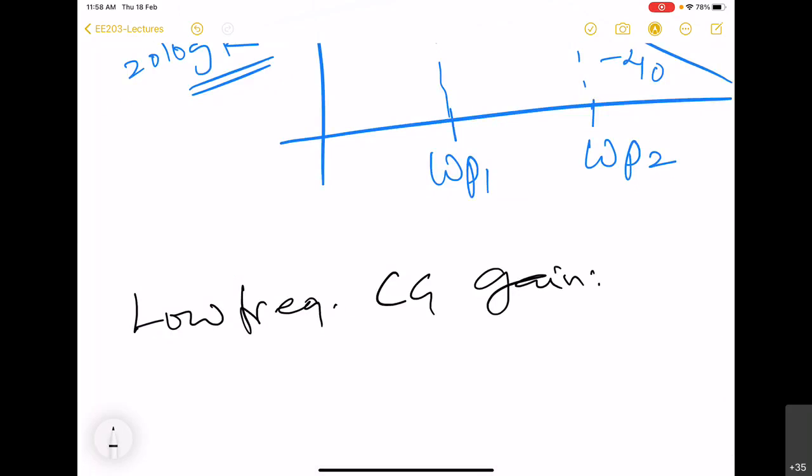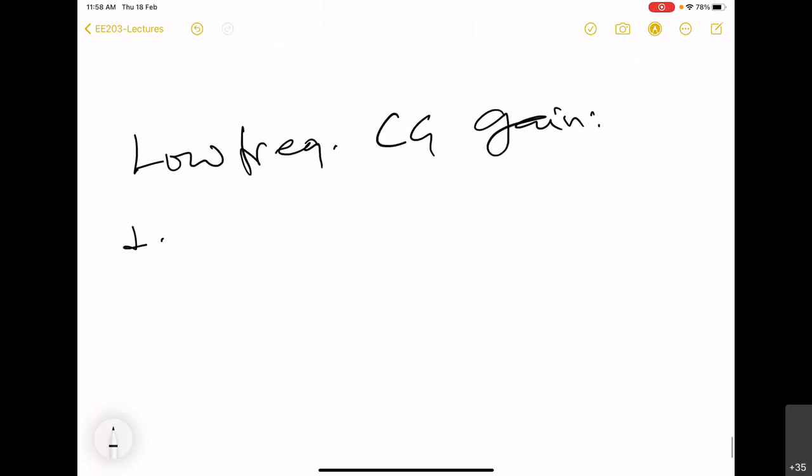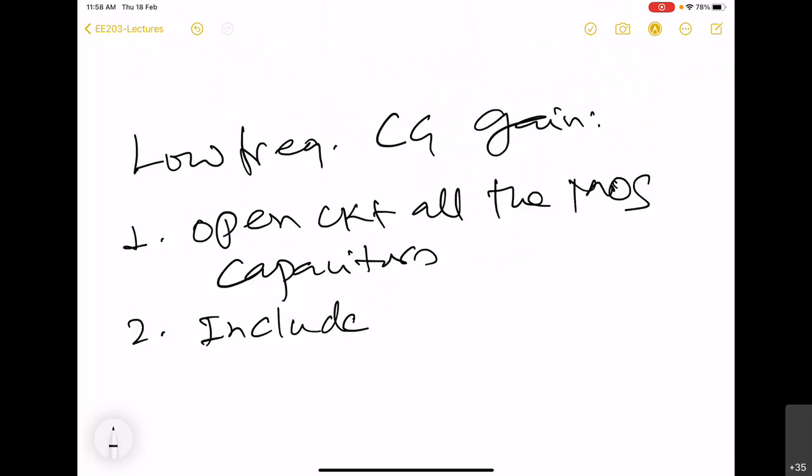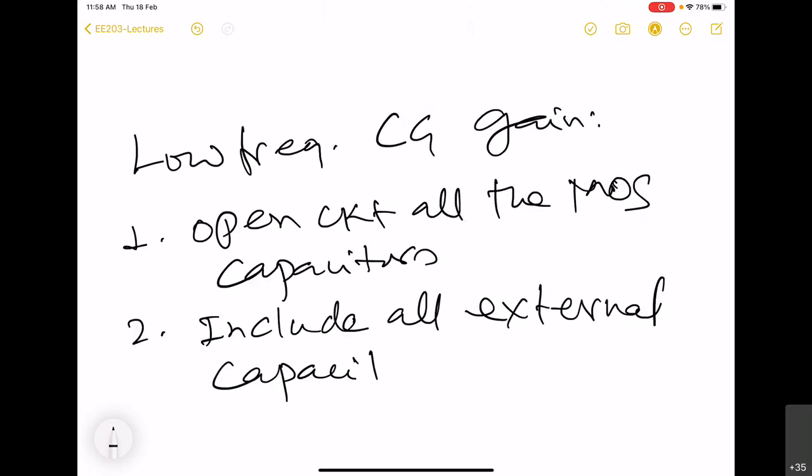So this time what we will have to do is open circuit or exclude all the MOS capacitors, and include all external capacitors.